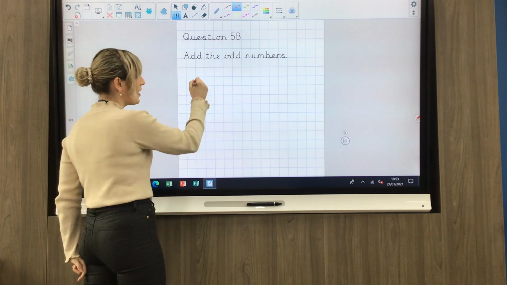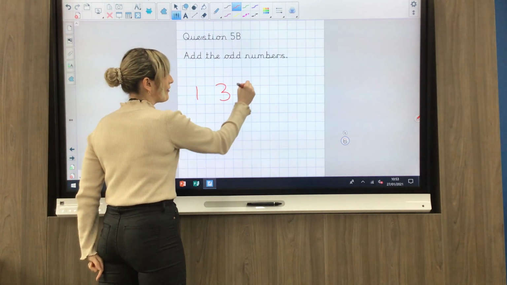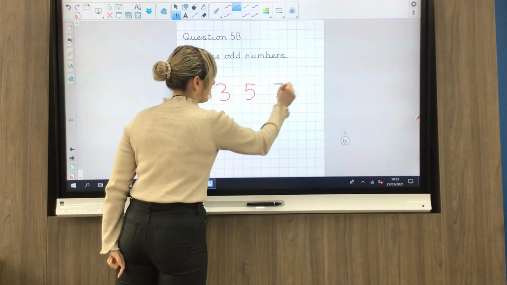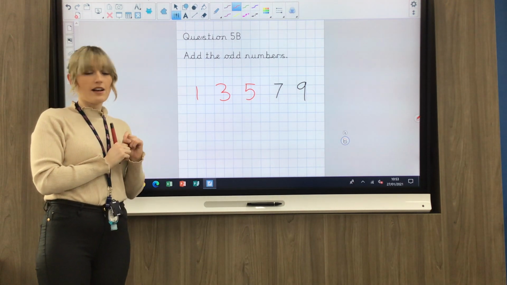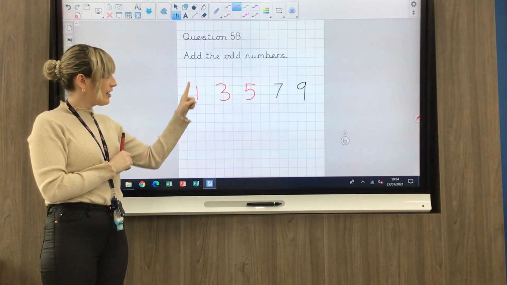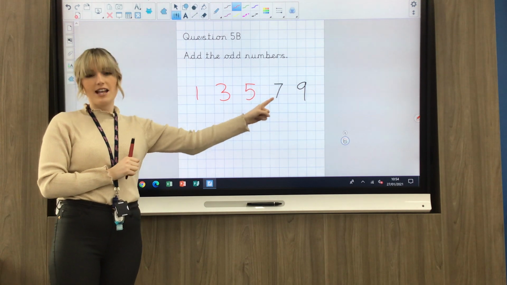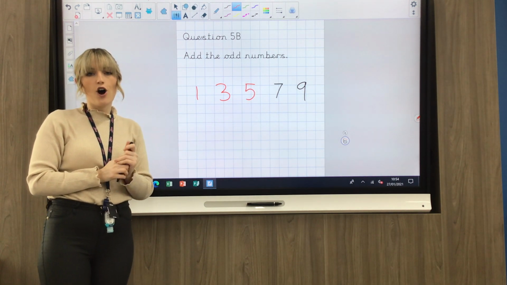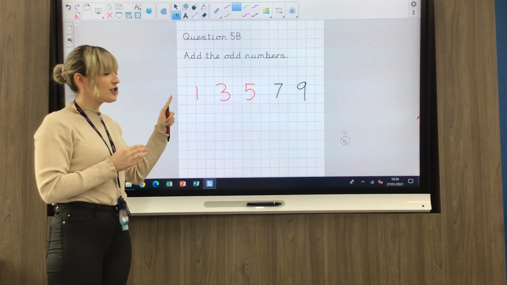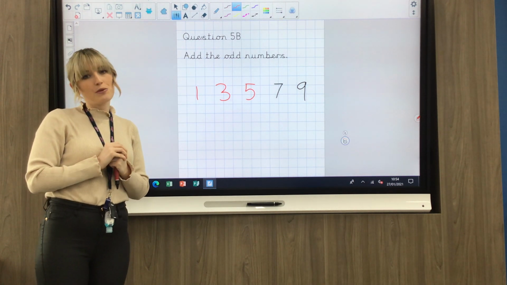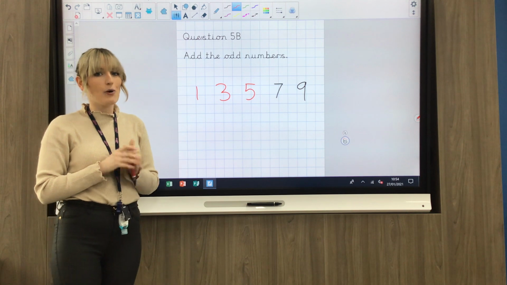Say that together. 1, 3, 5, 7, 9, I like odd numbers all the time. So the numbers that end in a 1, a 3, a 5, a 7 or a 9 are odd. So look at question 5b now, and circle the odd numbers. You're then going to add them up.